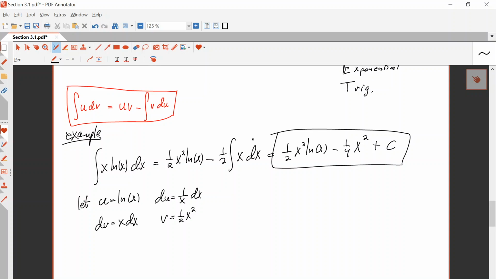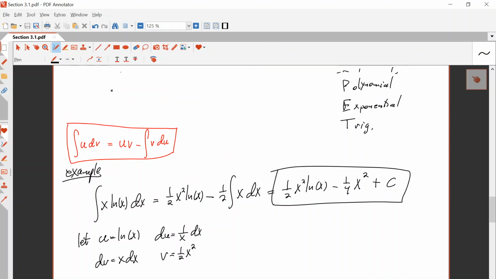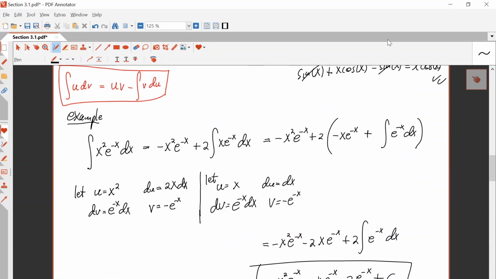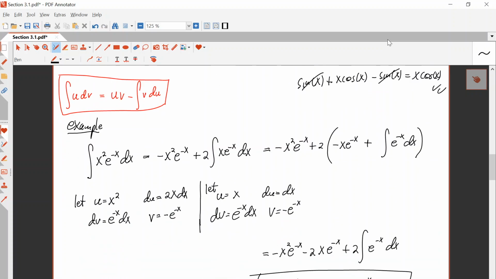So there we go. There's one example of the usage of that list. And you'll notice in the previous examples that I did, we had these three types of functions: polynomials, exponentials, and trig functions. Over here, we had a polynomial times an exponential, so polynomial first, exponential second.